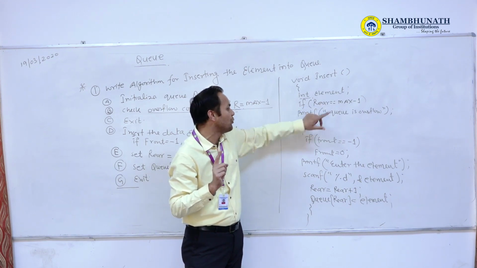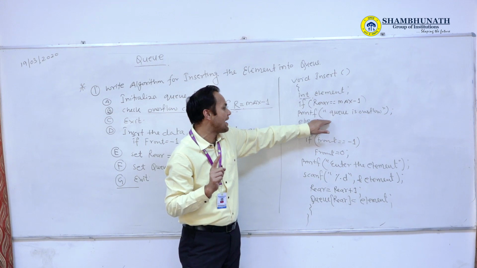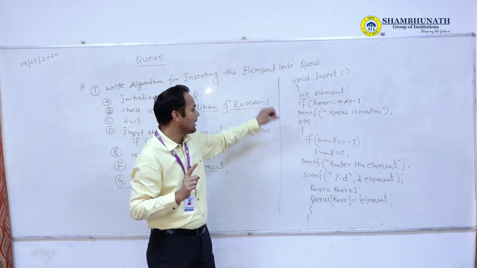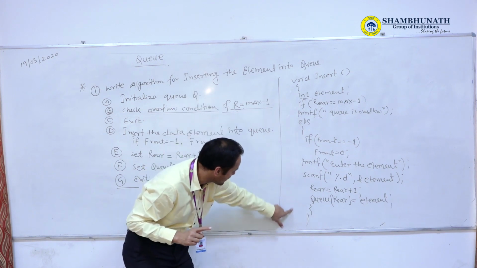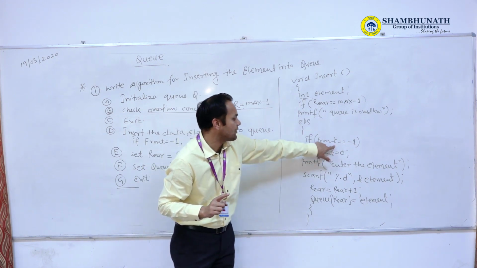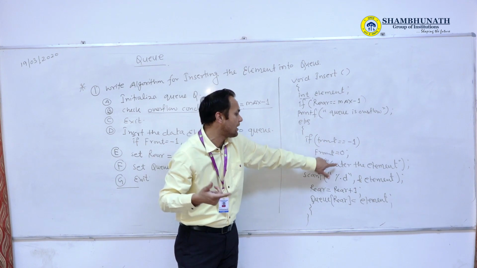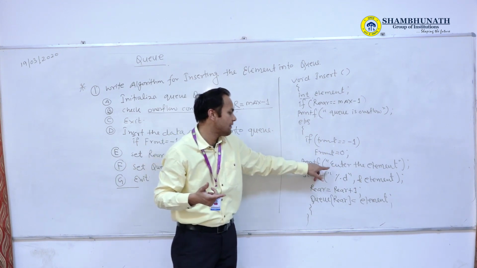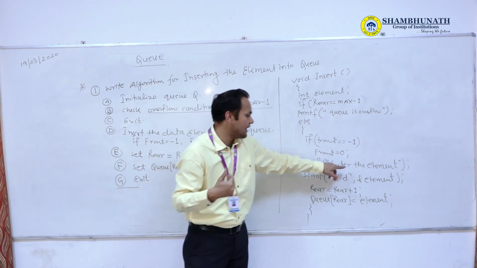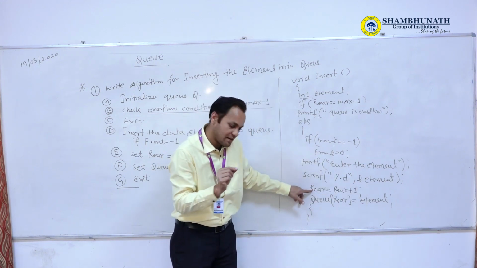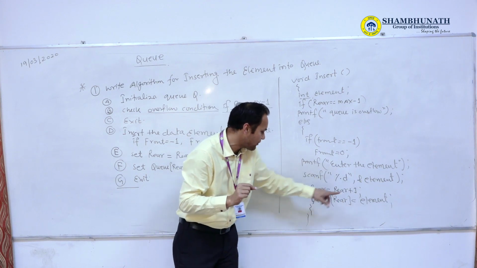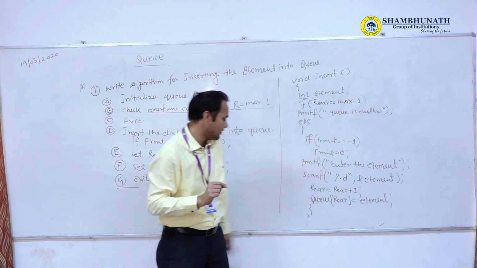If this condition is true, Q is overflow, exit from queue. If this condition is false, then this step goes on. If front is -1, then change the position of front to 0, print a message to the user to enter the element, scanf input the element, then change the position of rear, rear equals rear plus 1, then Q[rear] equals element.